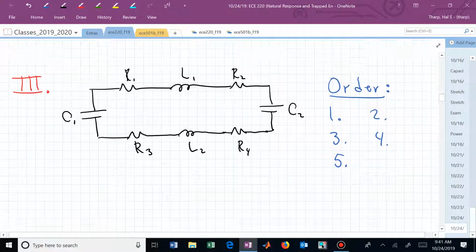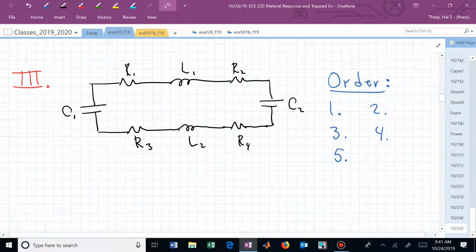Three. What's the order of circuit 3? I'm trying to make sure that we can engage all of our digits if necessary. All right, at the count of 3, are we ready? 1, 2, 3.